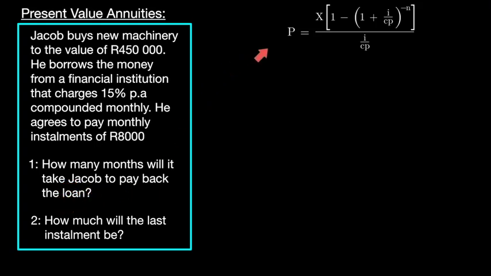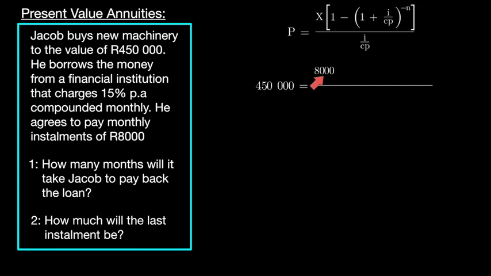So we're going to write down our present value annuity formula, because this is a down payment on an amount of money that we owed. Here is the formula, and we are going to put everything in its place as normal. The present value of the machinery is 450,000. Our payment, our X, is 8,000 Rand.